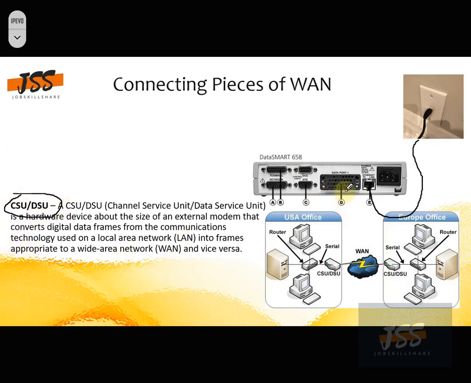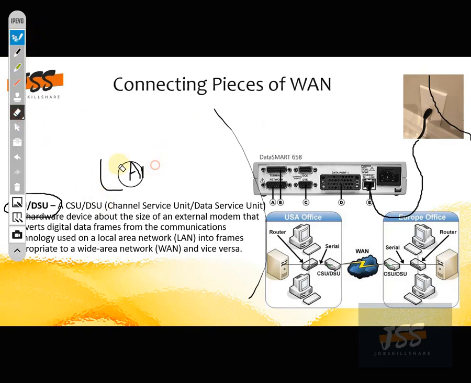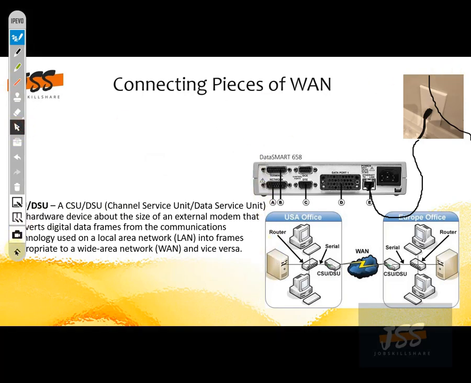And I told you what it is. It is basically doing the segregation between our service provider and our LAN environment, doing modulation and demodulation, if you will. So let's move further. As I mentioned, this RJ45 cable will be connected here.